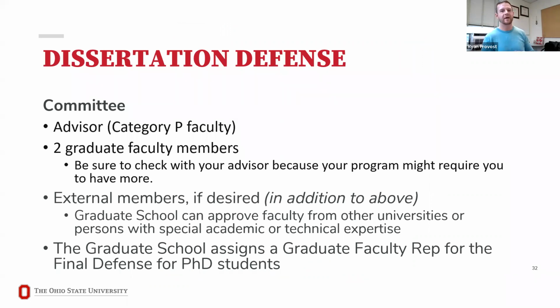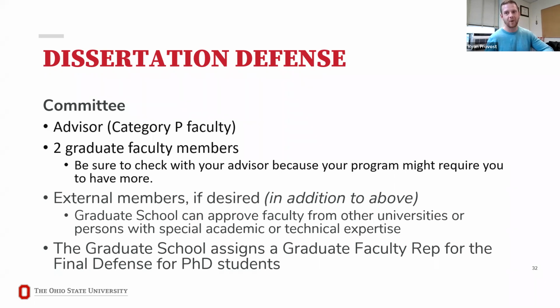So a few things about your dissertation committee. That would have your advisor on it still, just like your exam committee did. Additionally, you would have 2 graduate faculty members. You'll want to check with your advisor because some programs may require more than that. The 2 is what's required by the graduate school, but programs sometimes deviate a little bit.